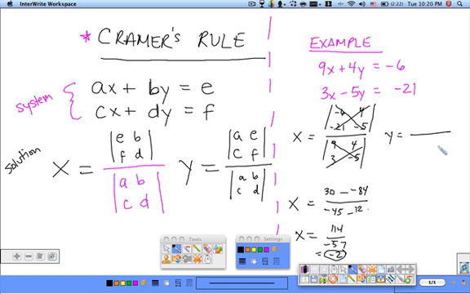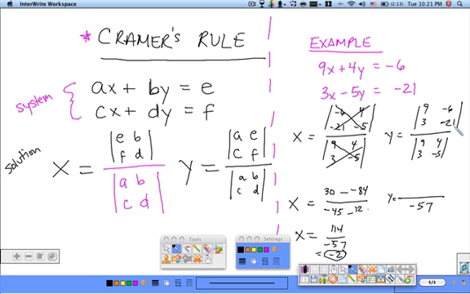Alright, the y coordinate. I know the bottom is the same: 9, 3, 4, -5, same thing as the x. That's nice, which means I already know what the bottom is going to be: -57 from the last one. So on top, let's remember the pattern: A, E, C, F. Here we go.